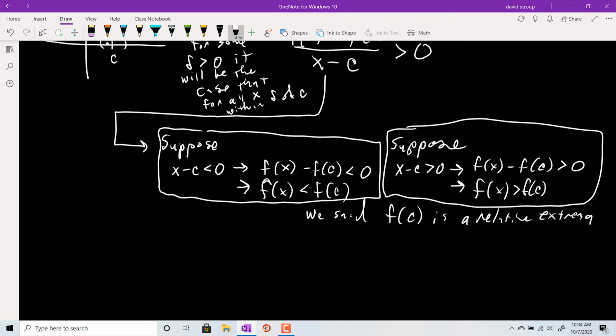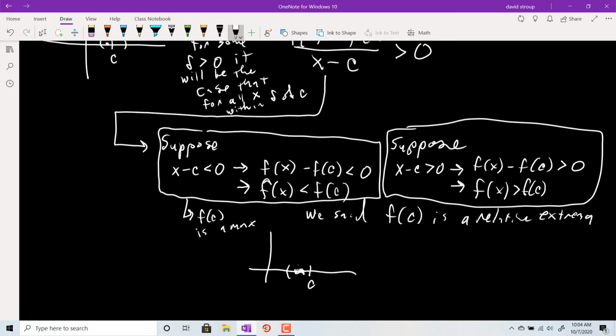The problem is that to the left of our c value, if you're picking points over here, all of those corresponding f of x values will be less than this extreme value, which implies that f of c must be a max. Okay, this is implying that f of c is a max.